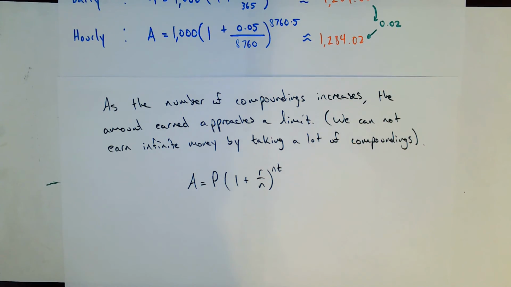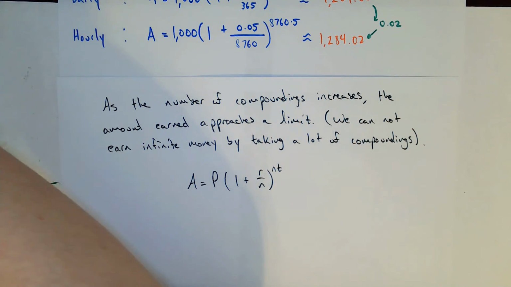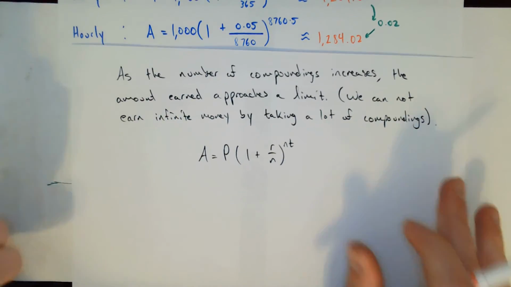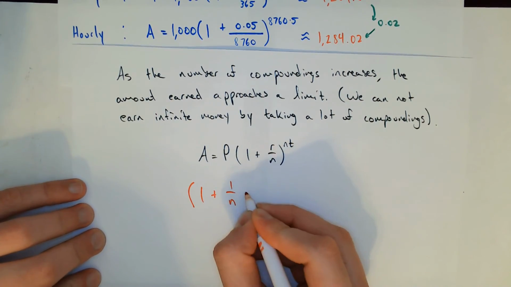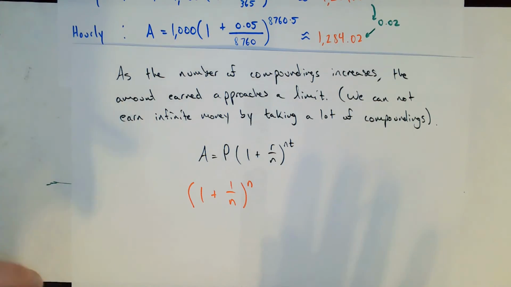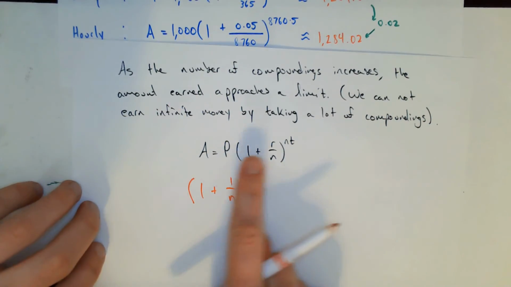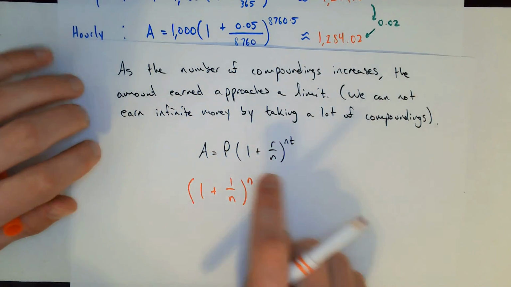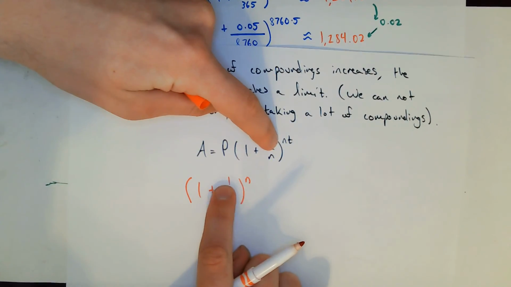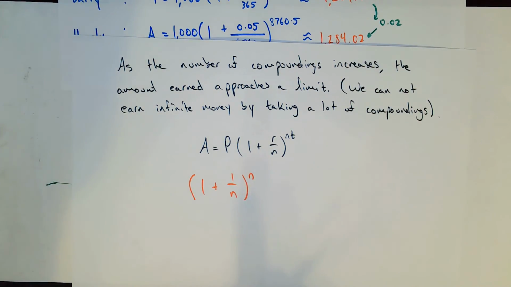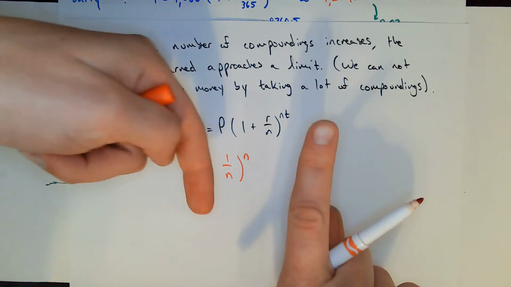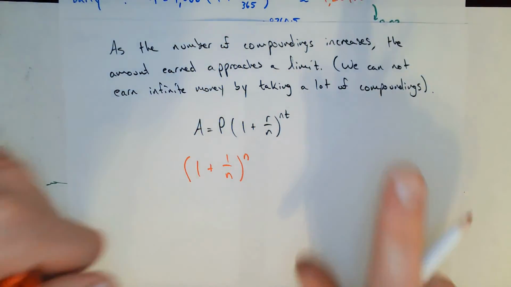And it just so happens that there is a very particular special number, which again, I'm going to have to sweep some of the algebra under the table. But if we take this quantity of 1 plus 1 over n raised to the n, and we ignore the p, the r, the t, let them all be 1 so it doesn't matter, and we just look at n, and let n get as large as possible, pulling up and down, what happens?